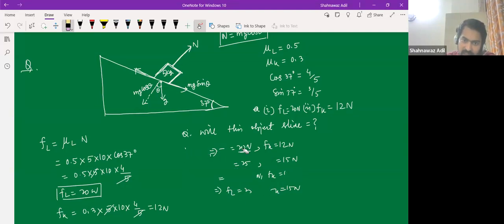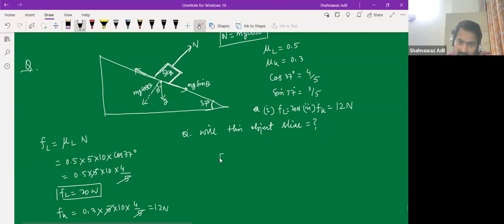You guys calculate, and then you see what the idea was. mg sin theta is 5 times 10 times 3 by 5, right? So the 5 cancels, and we have 30.